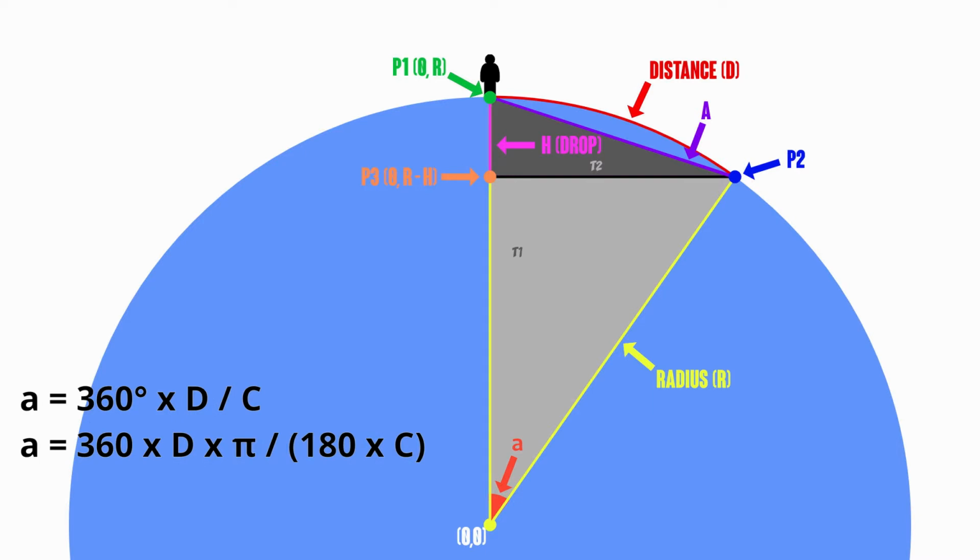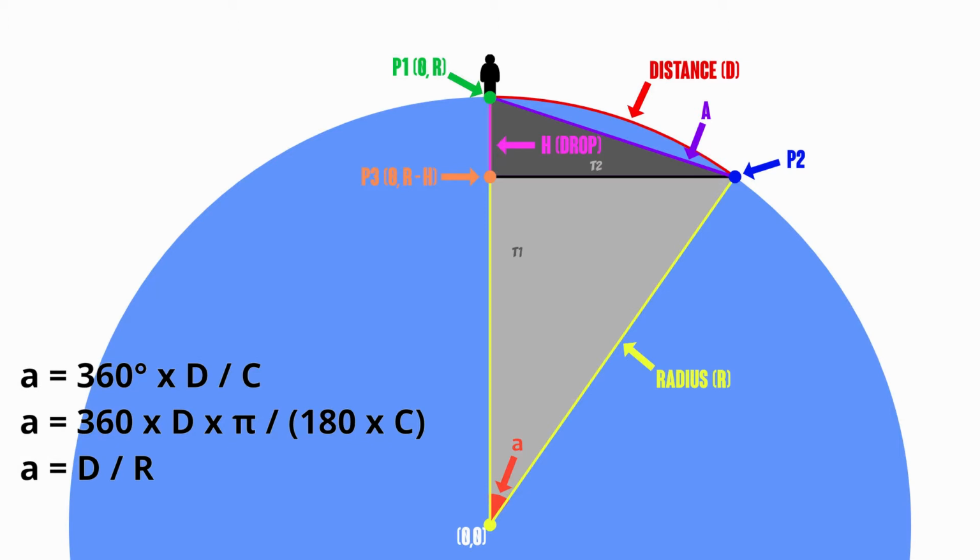So in radians, a equals 360 times d times pi divided by 180 times c. As our circumference c is 2 times pi times radius, we can rewrite and simplify the equation until it becomes angle equals distance divided by radius.